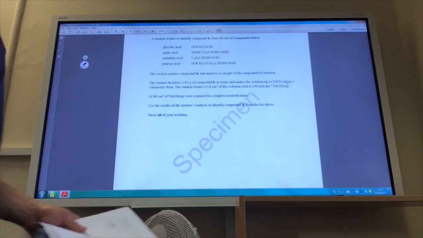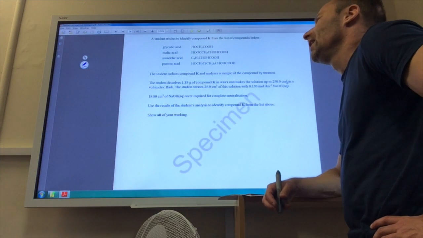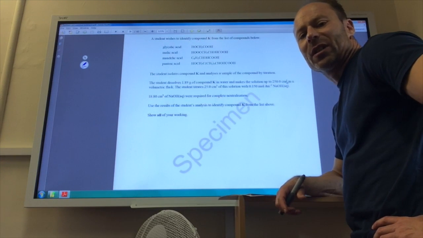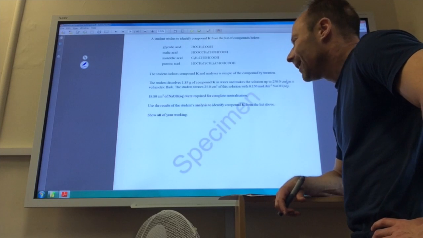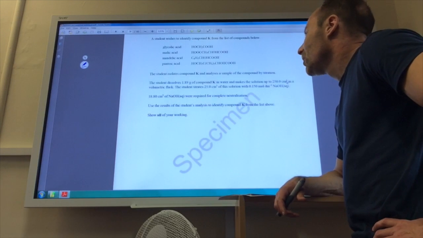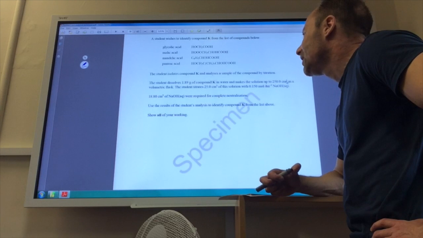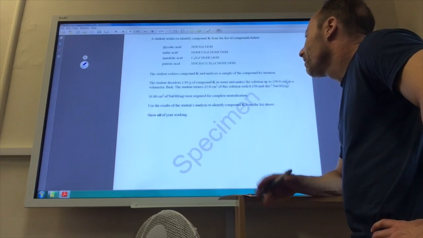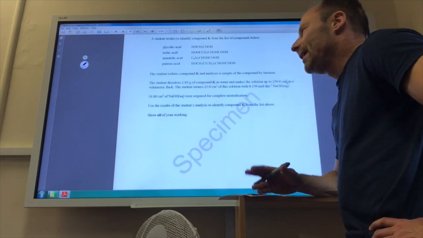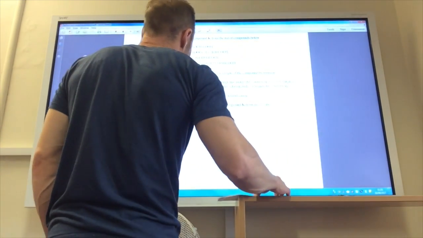Right, so this is quite an interesting one. You've got to go with it really: make an assumption, then realise that doesn't work before you can get the right answer. So, okay, let's give it a go. I've got 4 compounds, and I need to identify which one I have, which is compound K. So the first thing you would do, if in doubt, is work out moles. What can I work out the number of moles for?